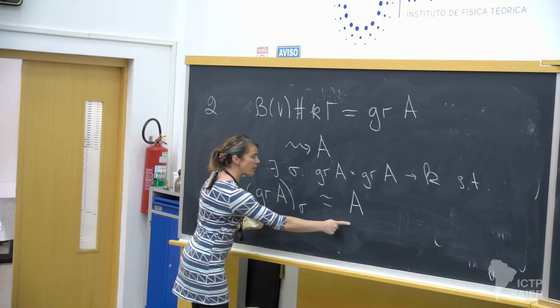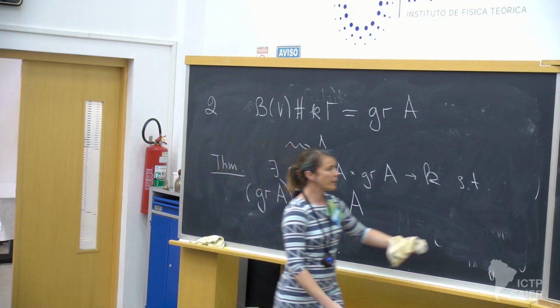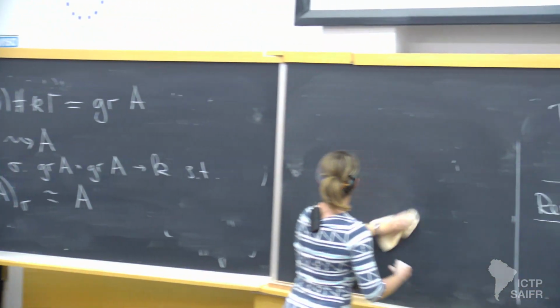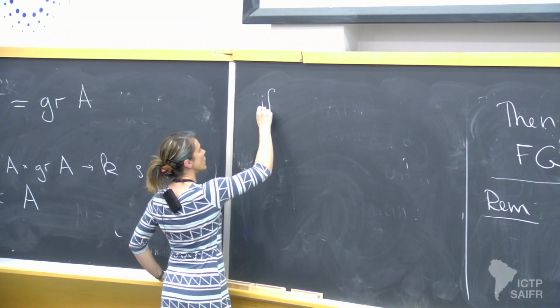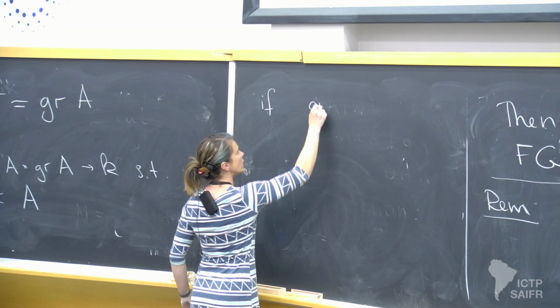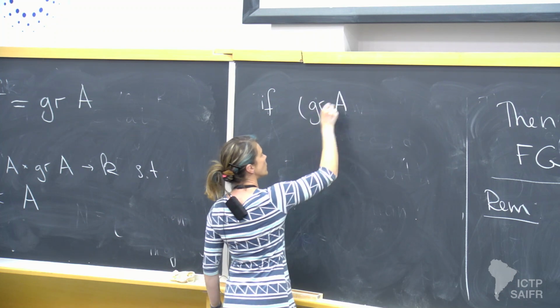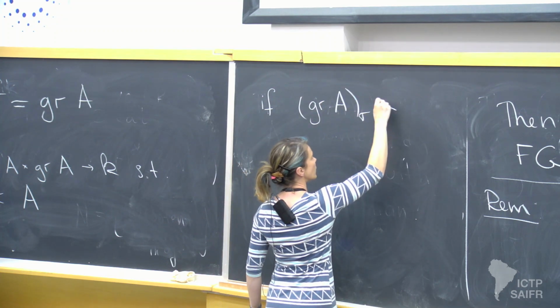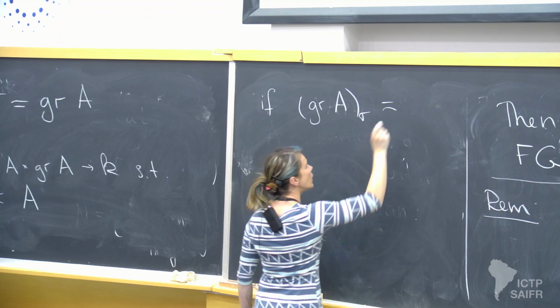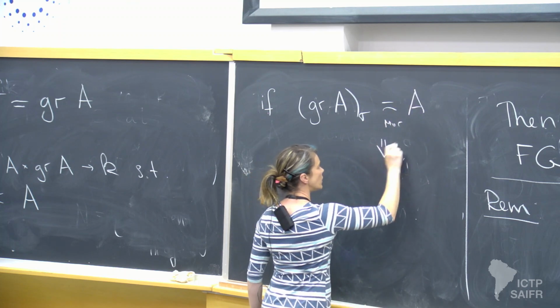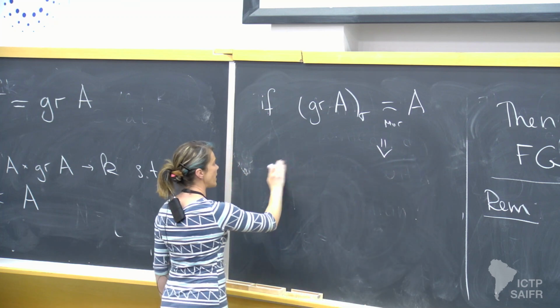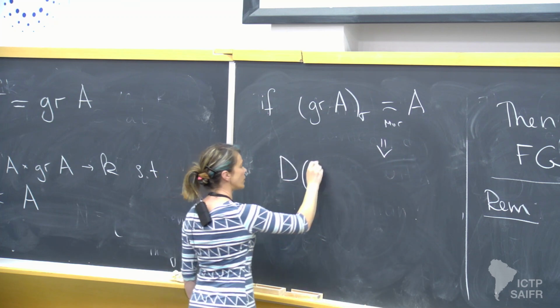But now if we have a Morita equivalence of categories like that, then we actually get an equivalence of categories between Drinfeld doubles.